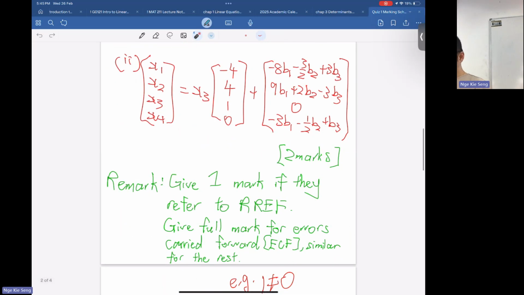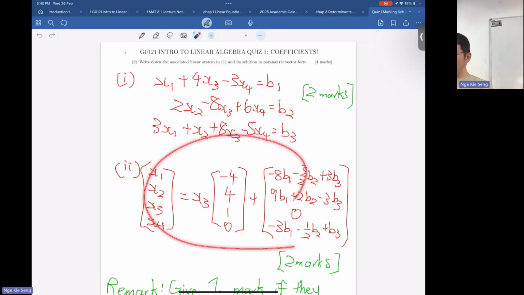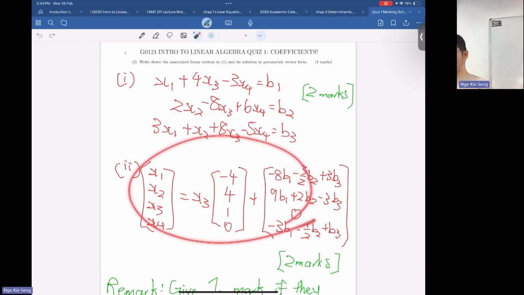Depending on what you get from question 1, how you read it from question 1: if your question 1 is already wrong, then for your question 2 answer based on question 1, I still give you full marks, based on what you had before. Does it make sense?